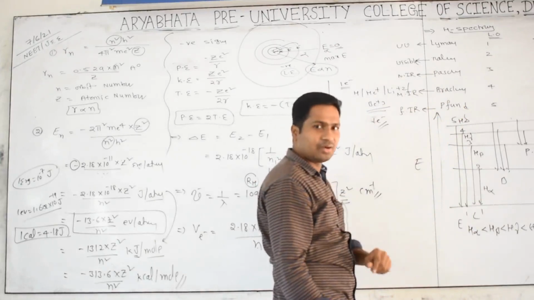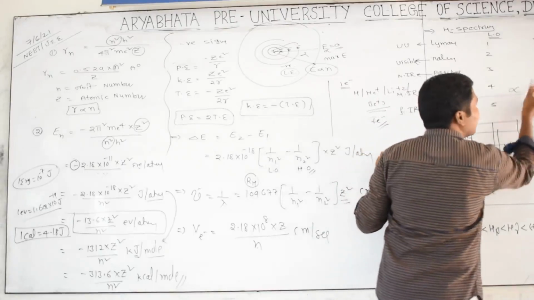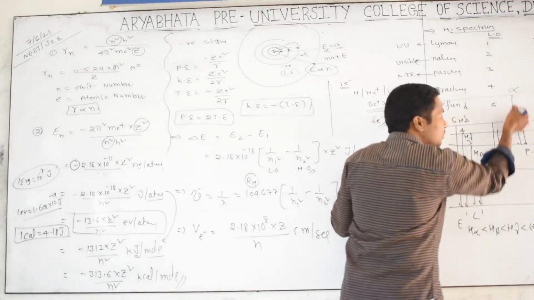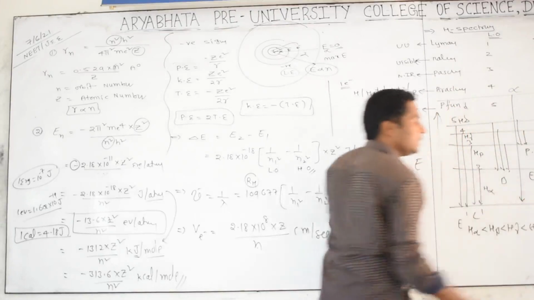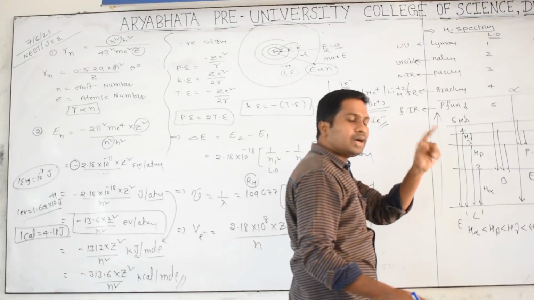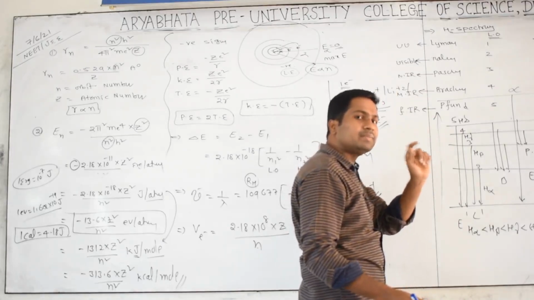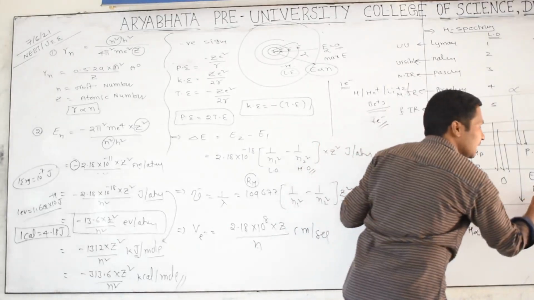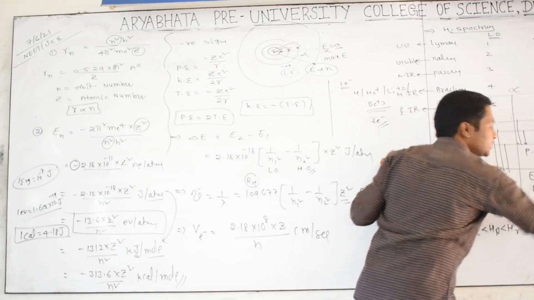Are you understanding or no? Like that, if you take the electron at the infinite level, it will be falling to the first level, then the energy will be maximum. In the Lyman series, if the electron jumps from the infinity level to the first level, then the released energy is maximum. That is called the limiting transition.